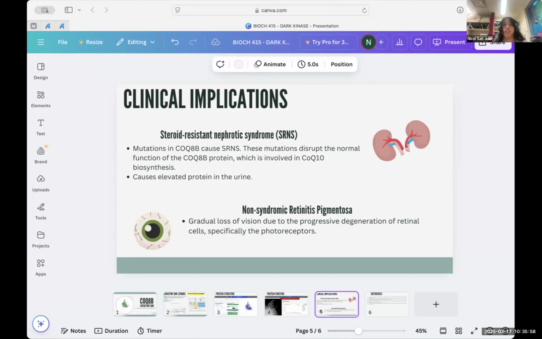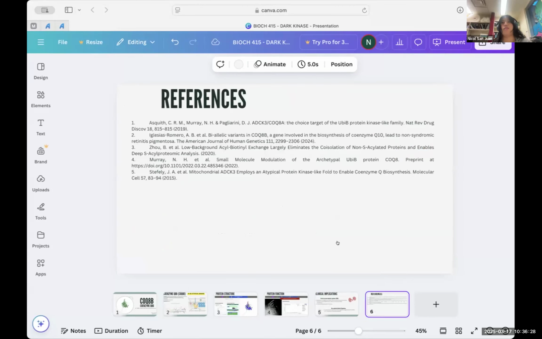Treatments for this disease include high doses of oral supplementation of coenzyme Q10 as a possible therapeutic strategy. Another disease, published just recently in 2024, is that this gene can cause an eye disease called non-syndromic retinitis pigmentosa, which causes progressive blindness. There's not enough coenzyme Q10 in the retina, so the photoreceptors die, resulting in this disease. And then these are my references.